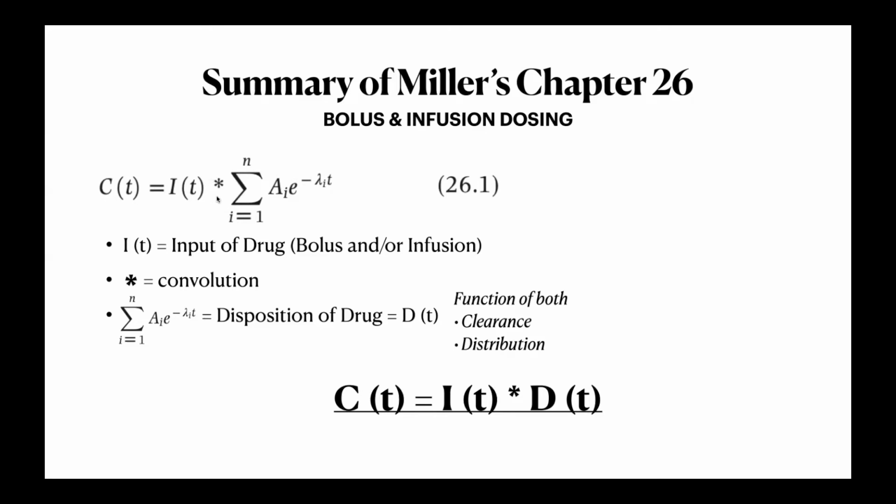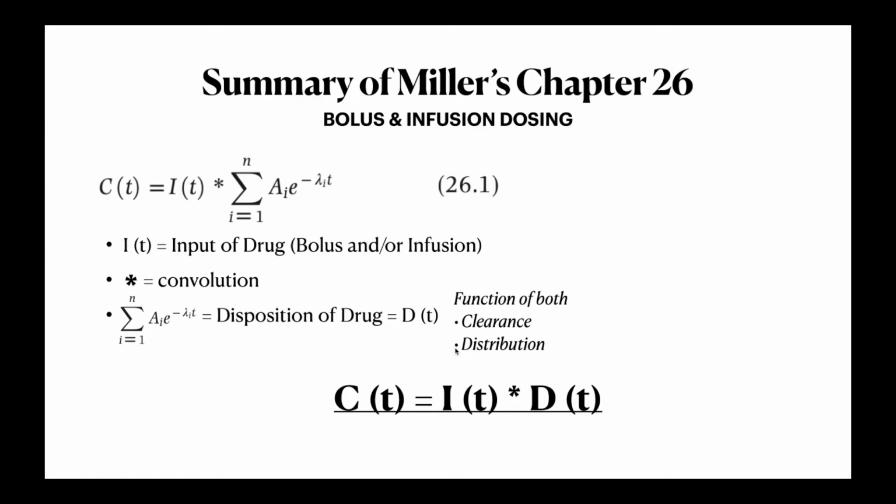And this is not a multiplication. This is called convolution, which is a convolution of the summation of the exponential decay functions, or what's called the disposition of the drug. So the disposition of the drug describes what happens to the drug in that compartment. And it's a function of both clearance and distribution.